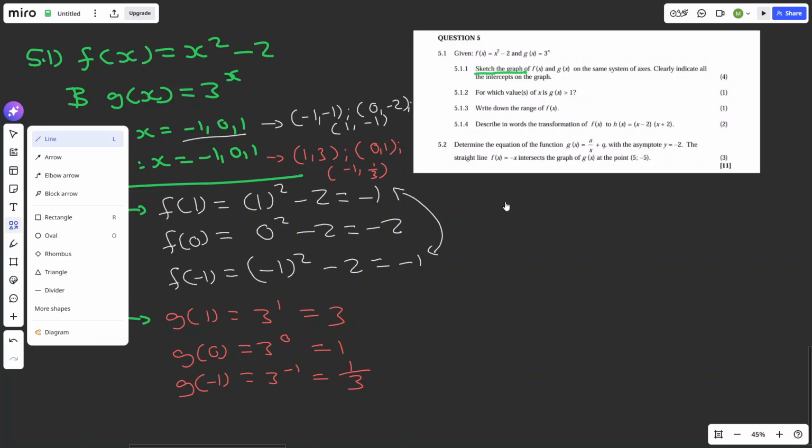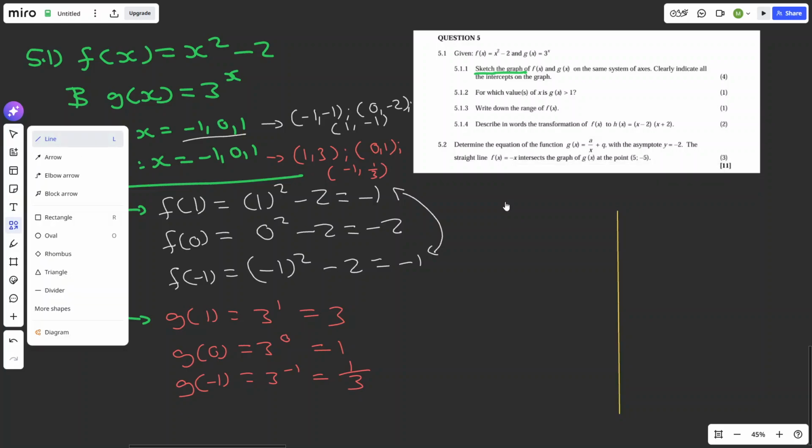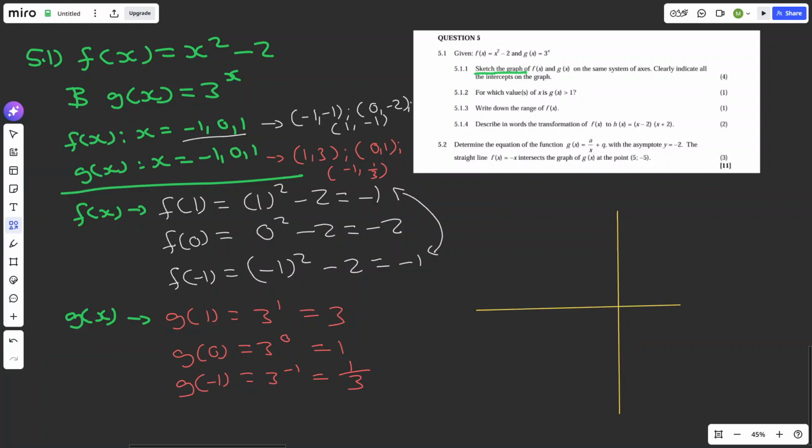Okay, so let us plot this. So this will represent our function, our axis. This is going to be a rough sketch, so it won't look perfect, but to give you an idea of what the function looks like.